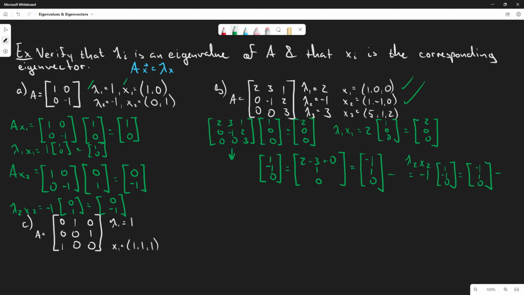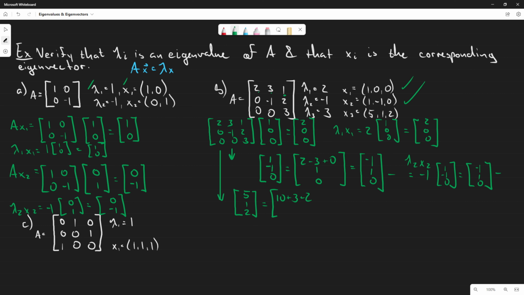And then finally, the last one, you're multiplying it with [5, 1, 2]. This will give you 5 times 2 is 10, plus 1 times 3 is 3, plus 1 times 2 is 2.